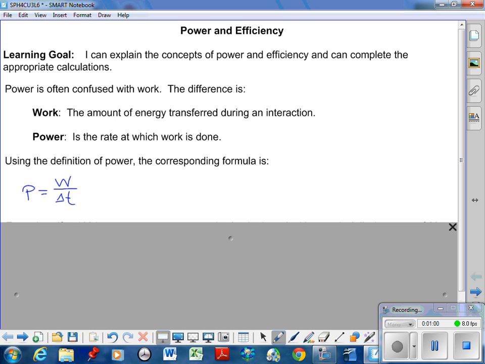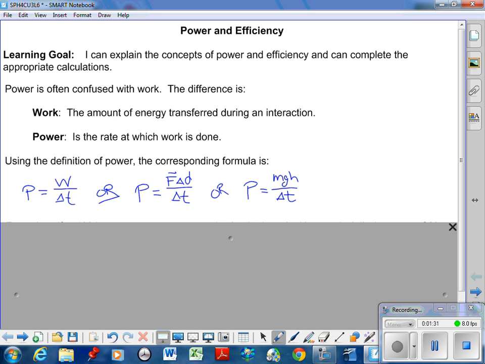All right. Now the formula can look a little bit different. Or power could look like this. It could be force times displacement over time. Okay, and remember, work is just force times distance. Or any calculation of energy. It could be mgh over delta T. So mgh is gravitational potential energy.